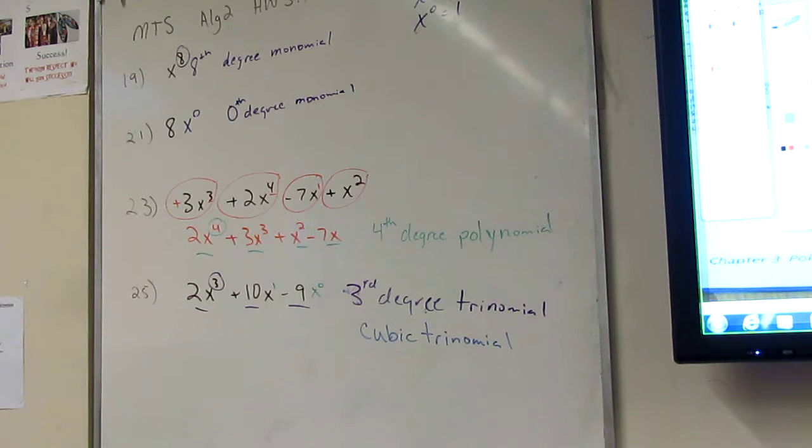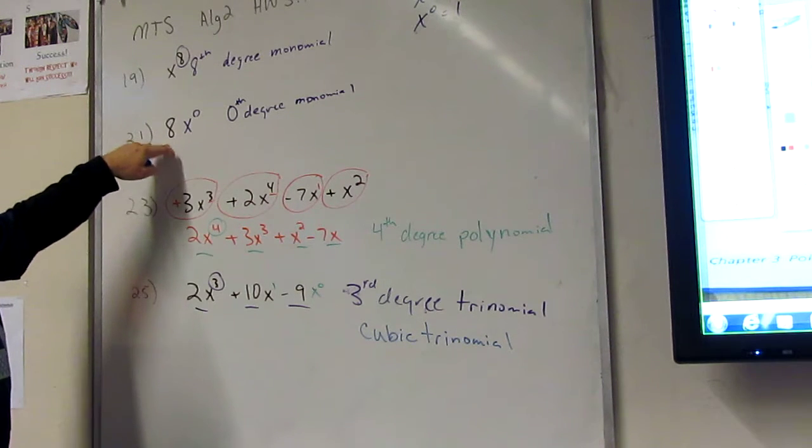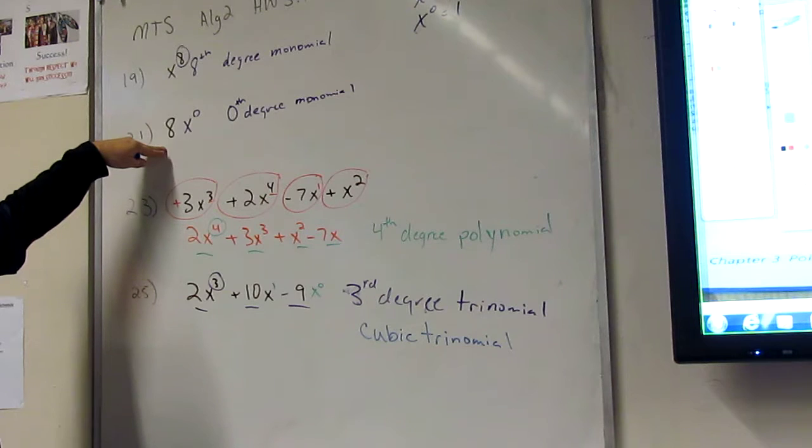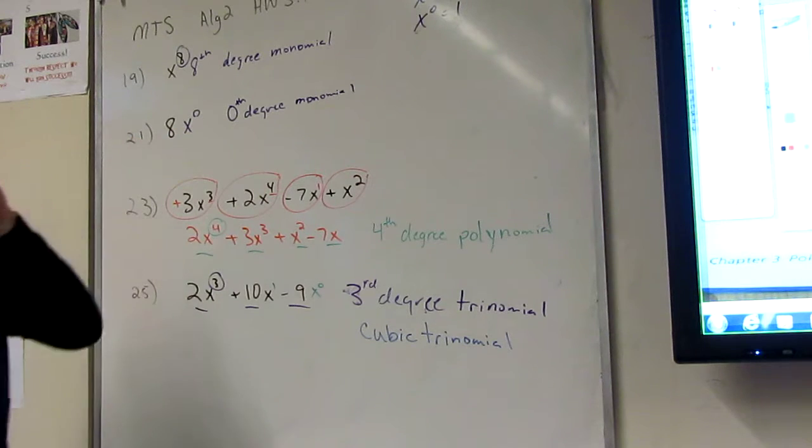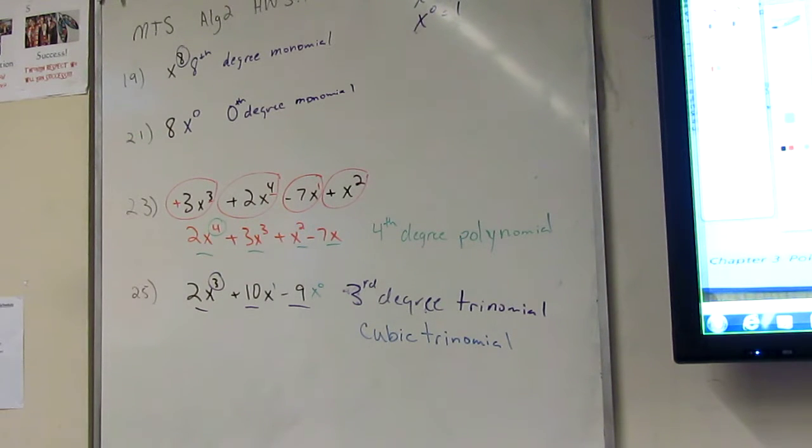Cubic, quadratic, linear, constant. What is this called? What's another name for this? Instead of 0th degree, what could we call it? Constant. That's it.